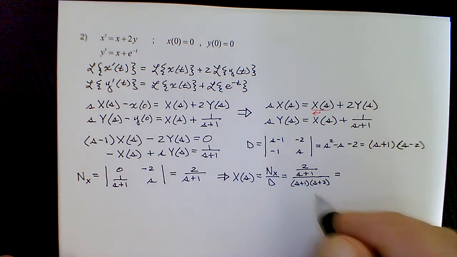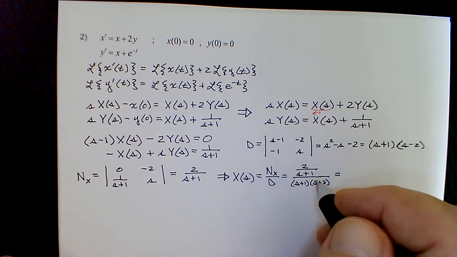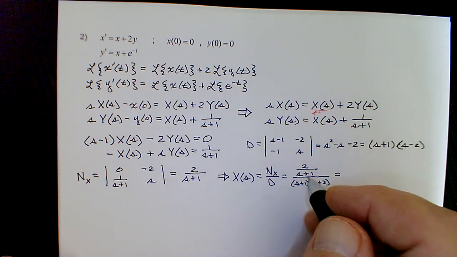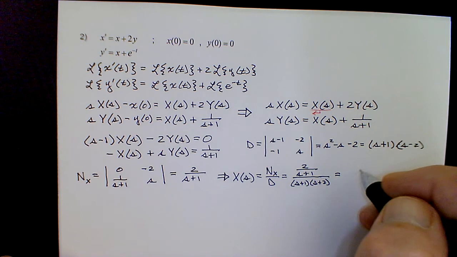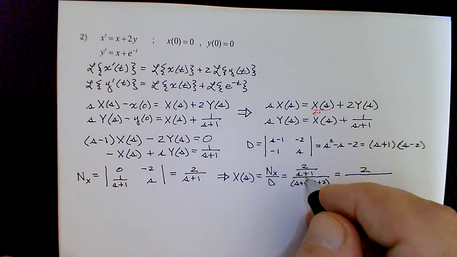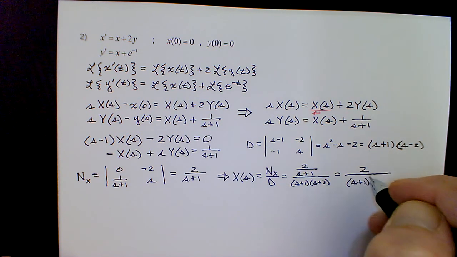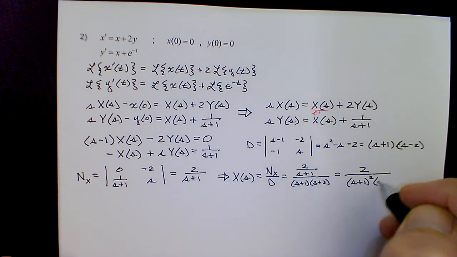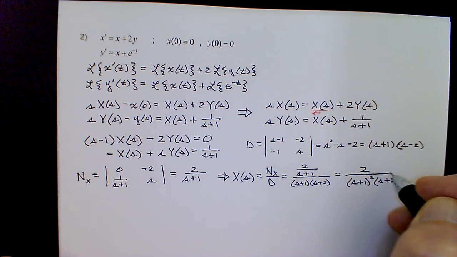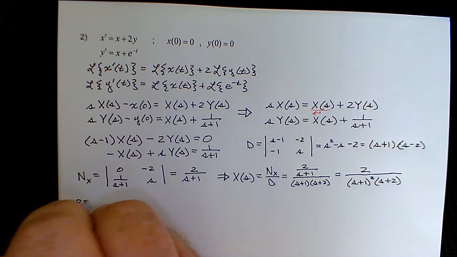But now that becomes, however you want to think of it, invert the denominator and multiply, or this s plus 1 basically just gets absorbed into the denominator here. But we get 2 over, then there's 2 factors of s plus 1, so s plus 1 quantity squared times s minus 2. Okay, so now we need partial fractions on that.